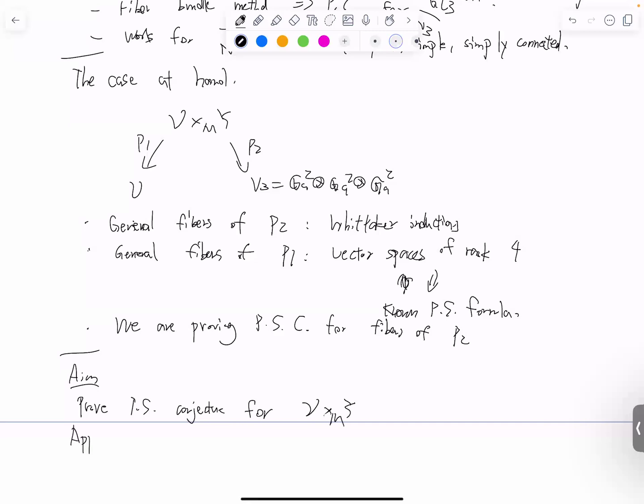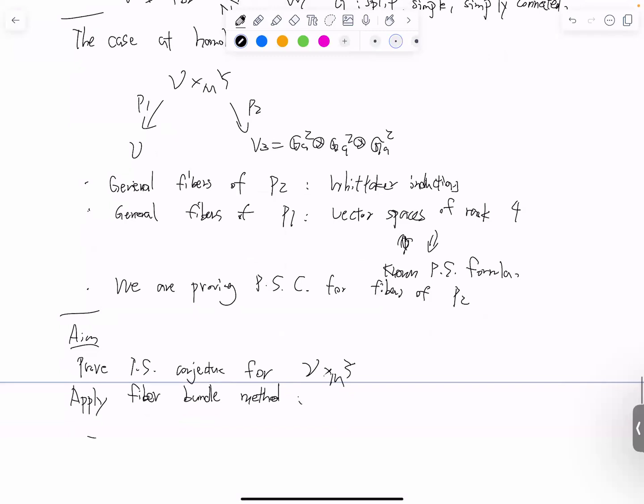So we apply the fiber bundle method, using the two fibers to combine the Schwartz spaces to construct the Schwartz space inside the space of smooth functions we defined before.